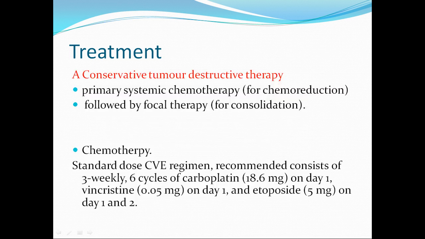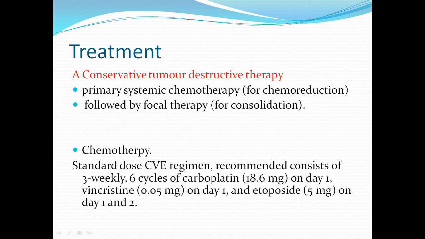Conservative tumor destructive therapy to salvage eyeball is indicated when tumor involves less than half of retina and optic nerve is not involved. Present recommendations for the treatment are primary systemic chemotherapy for chemoreduction, followed by focal therapy for consolidation.